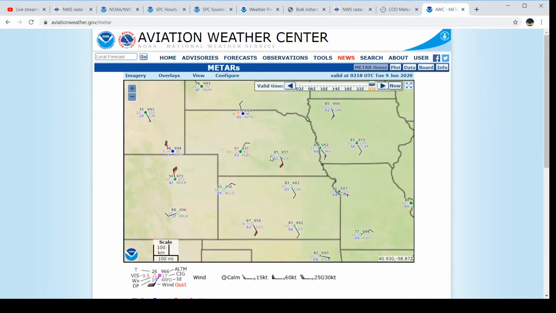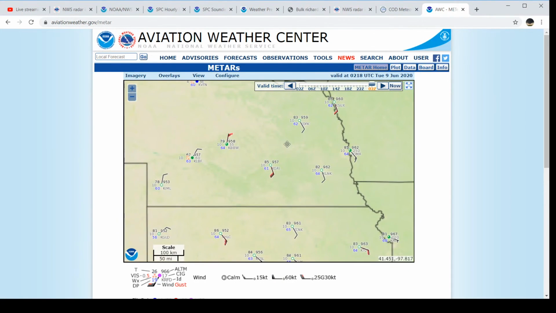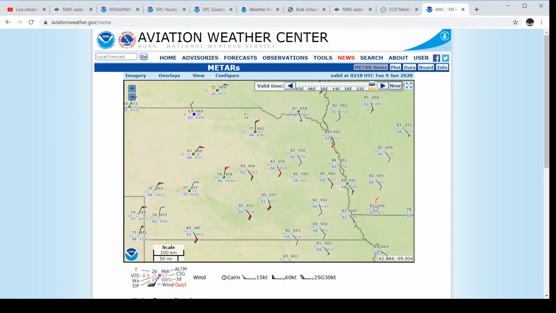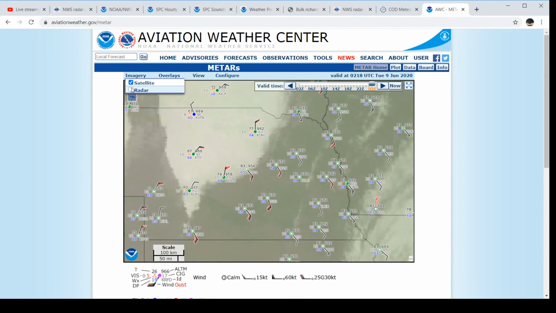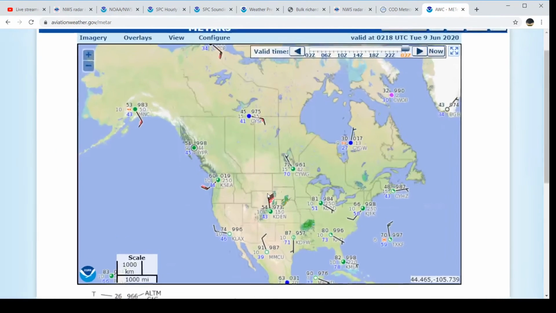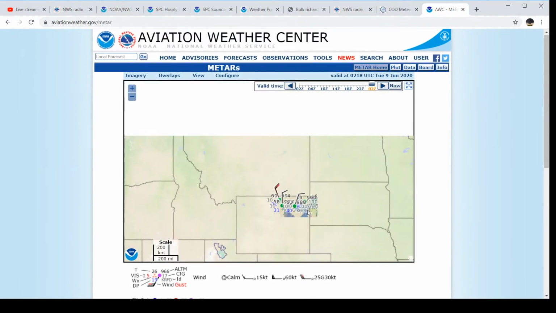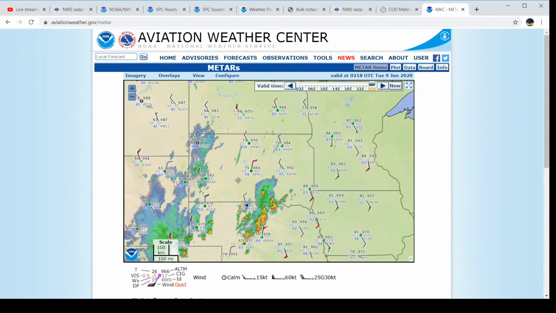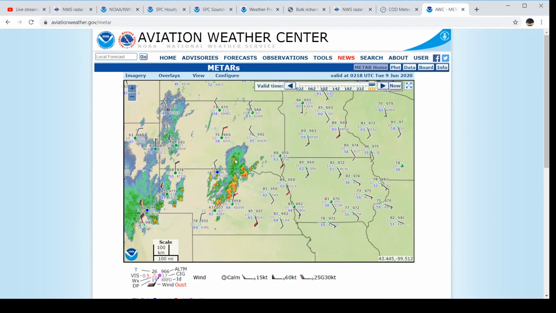Okay, so we can see the winds. We can see 79, 83, 87. We can see these winds that are back. Let's have sunlight. No, I think it'd be too dark now. Let's go radar. Okay, so here's our storms. Oops, didn't mean to go out that far. Okay, so here's our winds coming from the south.